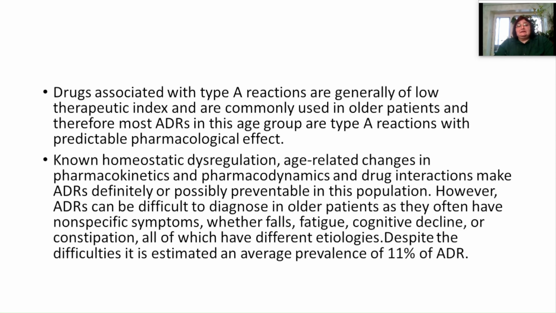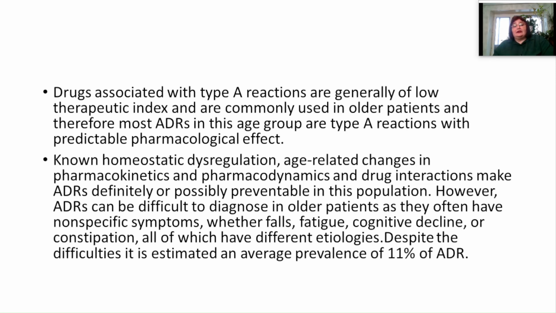Drugs associated with type A reactions generally have a low therapeutic index and are commonly used in older patients, hence adverse reactions in this group. A type A reaction is a predictable pharmacologic effect. Knowing about homeostatic dysregulation, age-related changes in pharmacokinetics and pharmacodynamics, and drug interactions makes adverse reactions definitely or possibly preventable in this population.